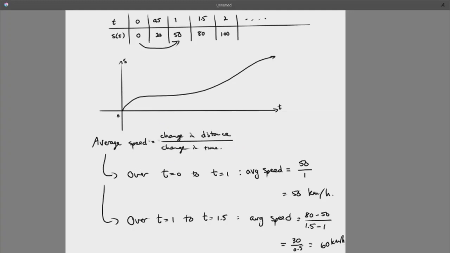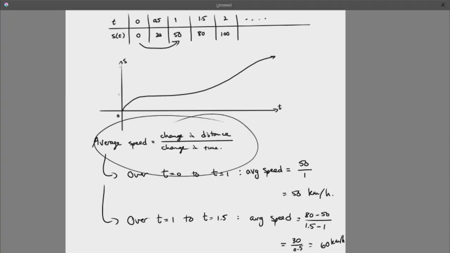What graphically does this average speed represent? Does that have a graphical interpretation? So that I can say this on the graph corresponds to the average speed. Well, it's really given away in that change in distance over change in time. What is this change in distance over change in time?